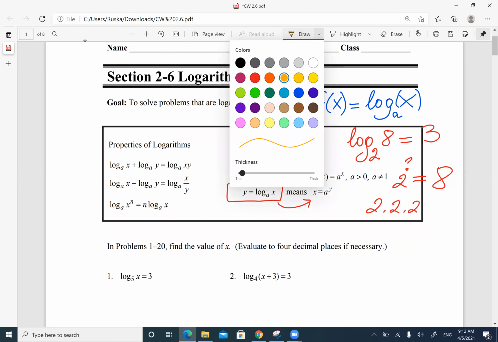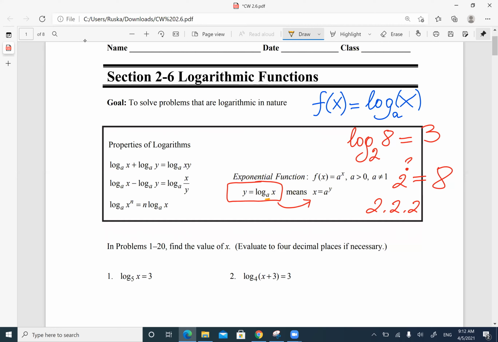You write the base first, then with exponent y equals x. Or you can say x equals a with exponent. Remember, the number below is always the base. So a is always the base, and it has something on top of it.